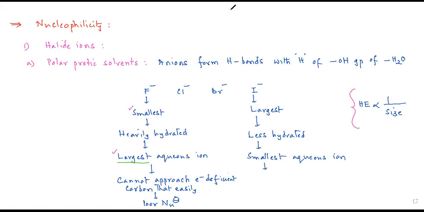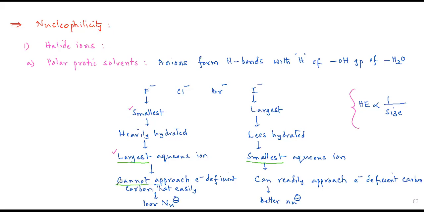Being the smallest aqueous ion, the I minus can easily approach the carbon which is electron deficient. So this is a better nucleophile. So this is a very interesting point.